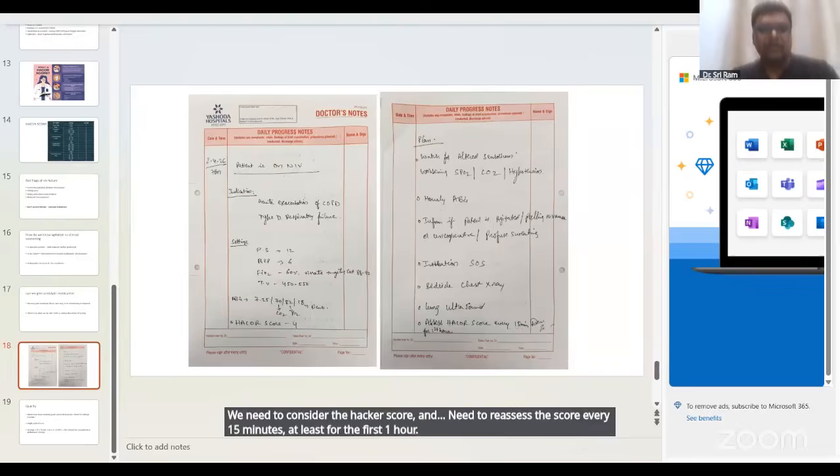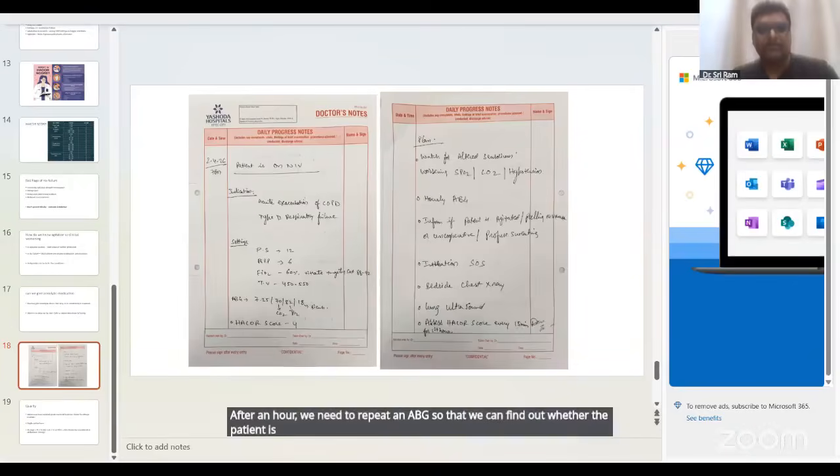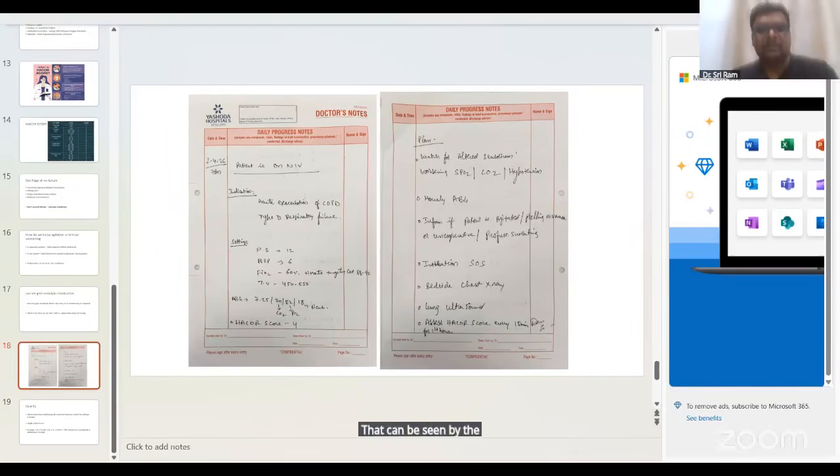After an hour, we need to repeat an ABG so that we can find out whether the patient is improving or worsening. That can be seen by the saturation and carbon dioxide levels. We also need to watch for altered sensorium and drop in GCS, along with continuous BP monitoring.